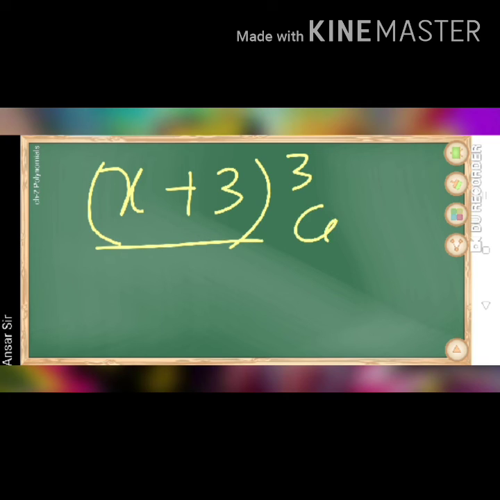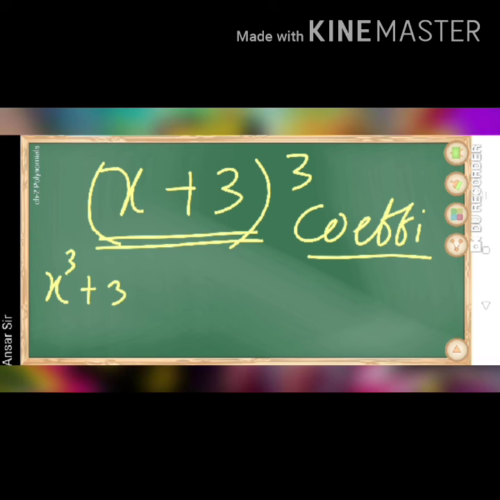Now another example. What is the coefficient in the expansion of x plus 3 whole cube? x plus 3 whole cube can be written as x cube plus 3x square into 3 plus 3 into x into 3 square plus 3 cube.